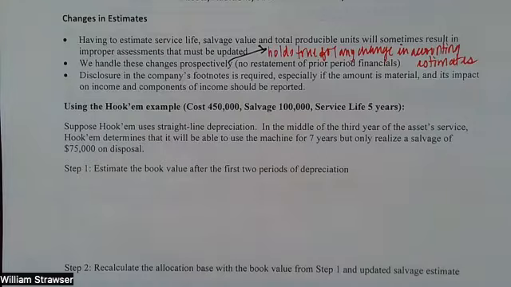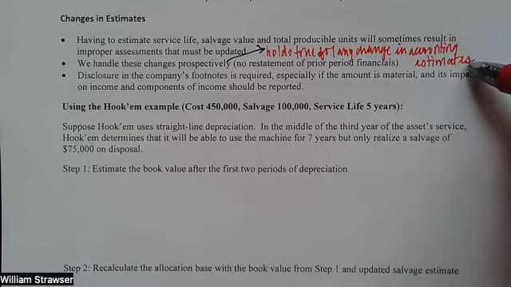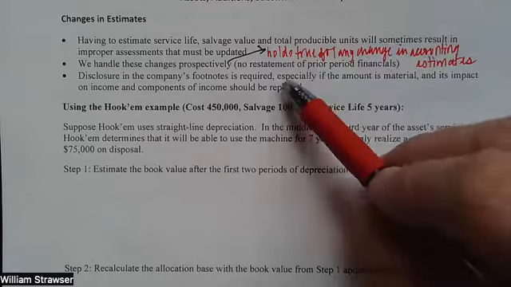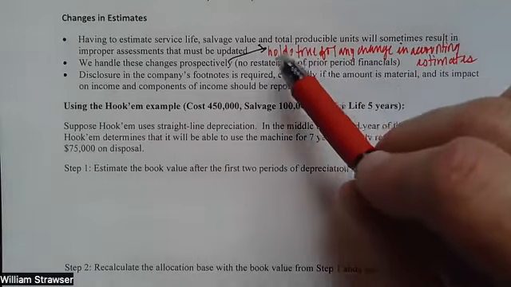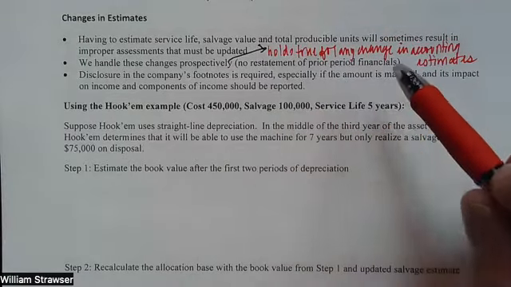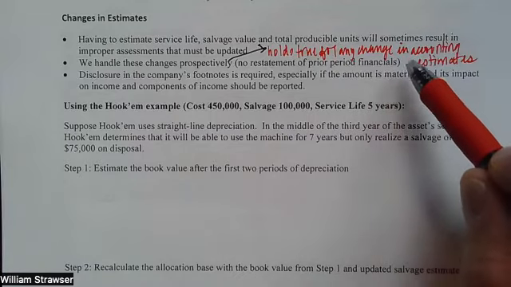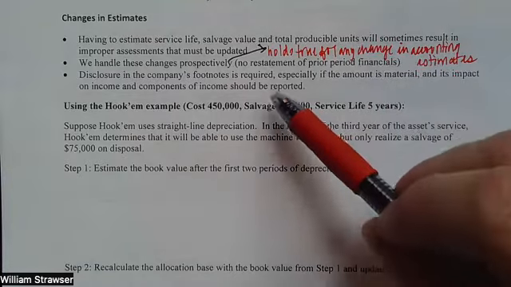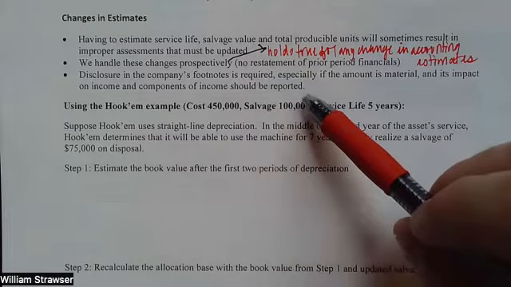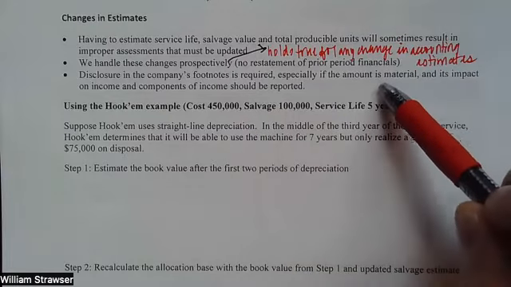We've looked at an estimate of sales returns, an estimate of bad debt, and write-downs for our inventory and things of that nature. When we change an estimate, we only need to change it going forward. We don't go back and restate or adjust prior years' estimates. We do need to make a disclosure in the footnotes, especially if the amount is material.